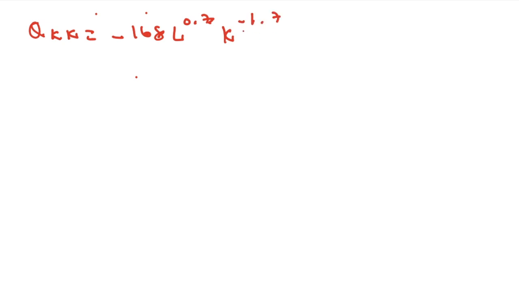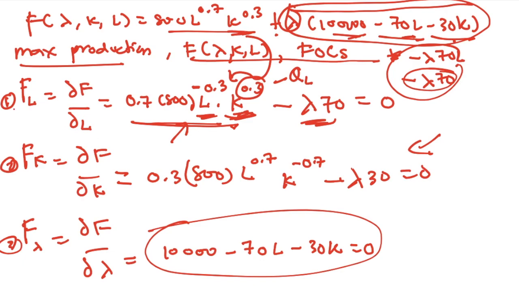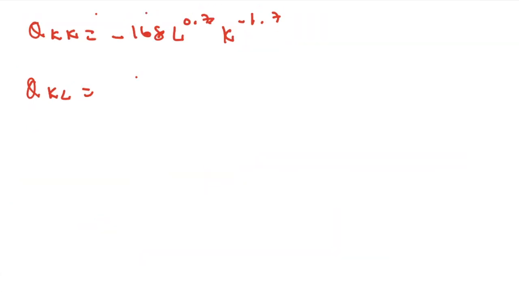Make sure you know how to get minus 1.7 for K. Do the same for QKL. How do you get all of this? No longer from the first equation of FOC, but you do it from the second equation of FOC. For QKL, you're going to get positive 168 times L to the power of minus 0.3 times K to the power of minus 0.7.